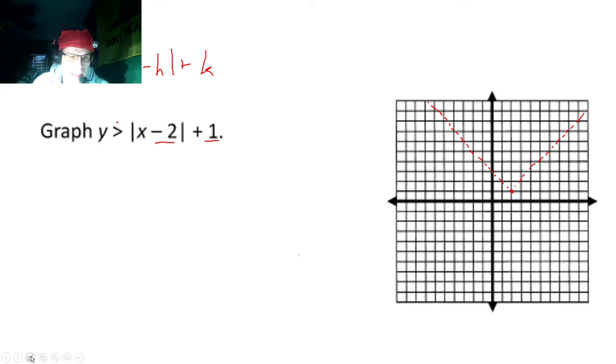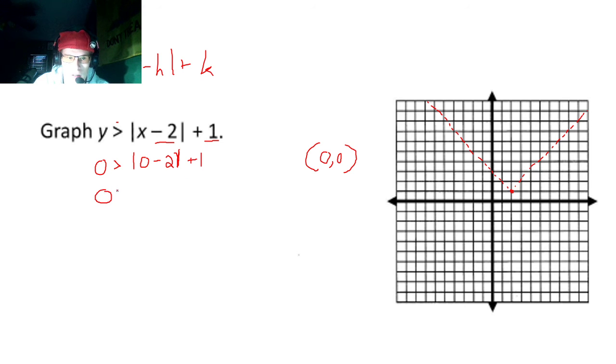Now, we have our first thing done, where we drew our line. We've determined it's a dotted line. Now we have to use the origin to determine what our shaded region is. So we're going to substitute in. 0 is greater than absolute value of 0 minus 2 plus 1.